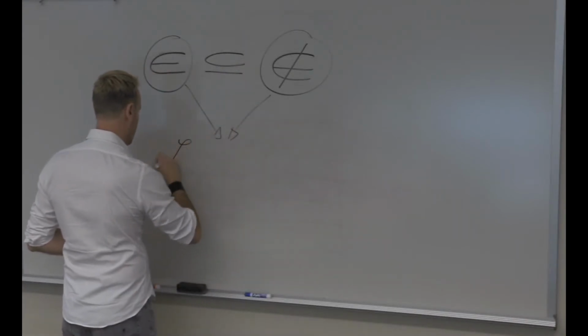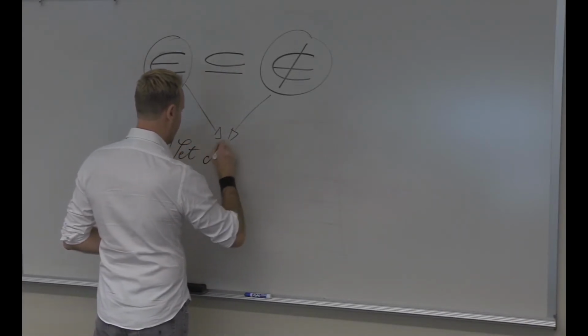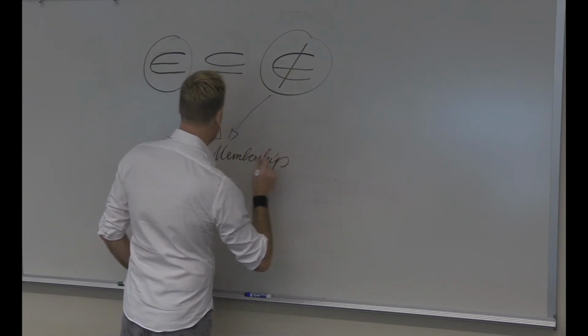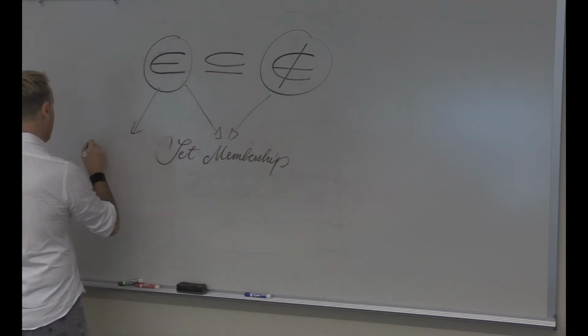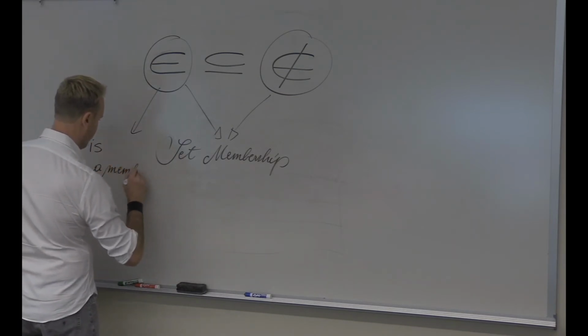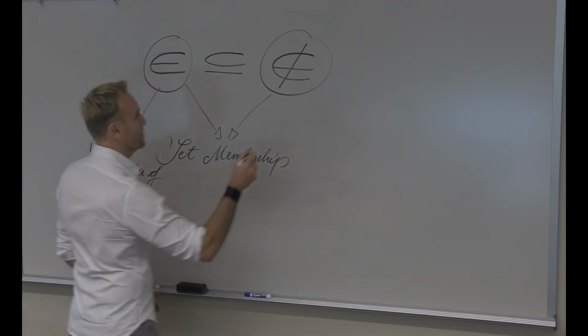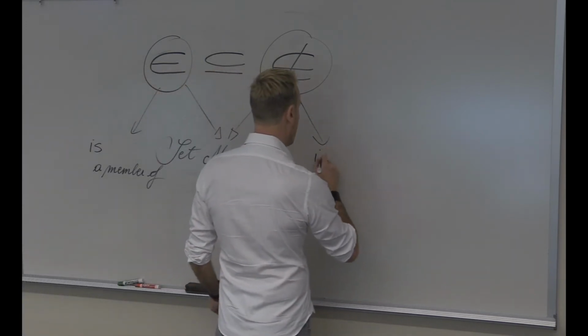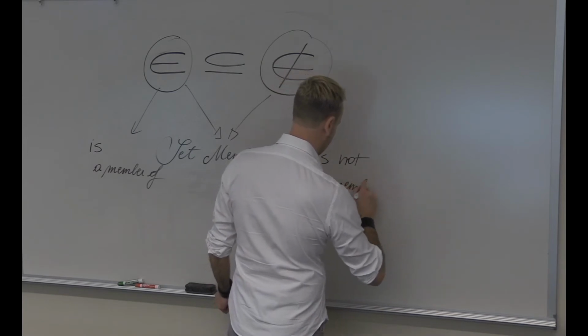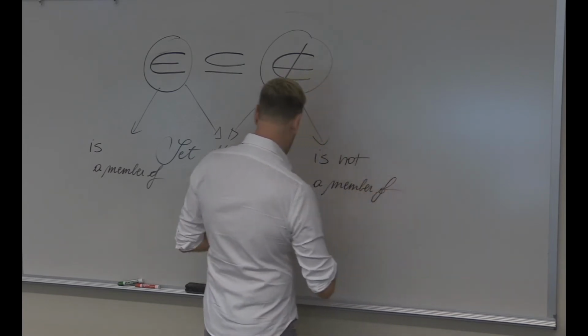Okay? Now these two both represent set membership, okay? But this one means is a member of, and this one, as you'd imagine, is not a member of this set.